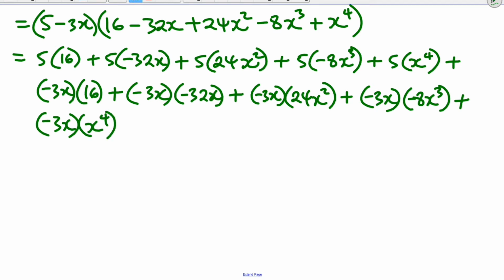Okay, that will be 10 terms. All right. So what we need to do now is to simplify this expression.